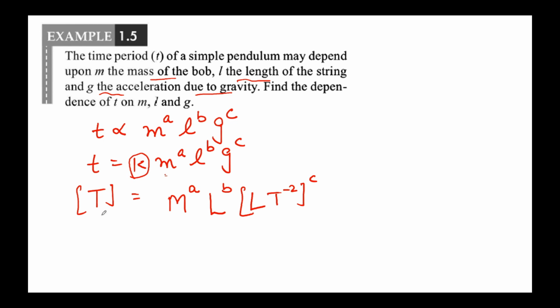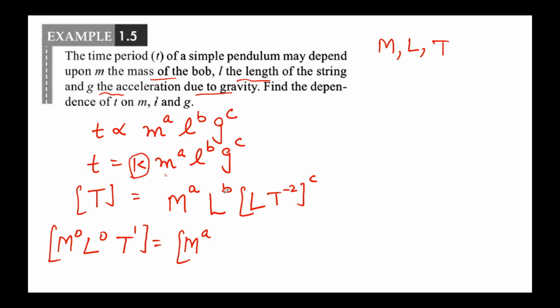Now on the left hand side we have to rewrite this term in these three physical dimension parameters M, L and T. So we can write the left hand side as M raised to power of 0, L raised to power of 0, and T raised to power of 1, which is equal to M raised to power of a, L raised to power of b plus c, and T raised to power of minus 2c.